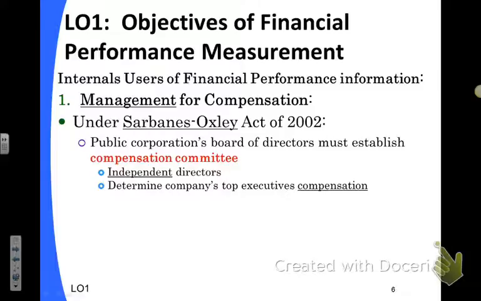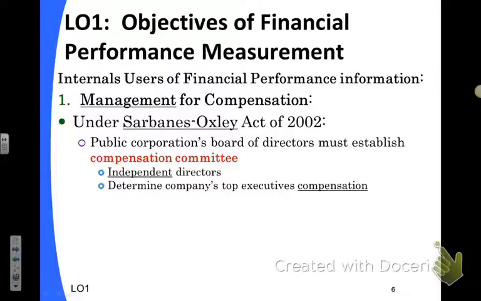Back in the late 1990s and early 2000s, we had some very public financial collapses of large corporations, and some of it was attributable to the greed of management and some potentially fraudulent financial reporting to help management achieve successful performance thresholds, but maybe not ethically.